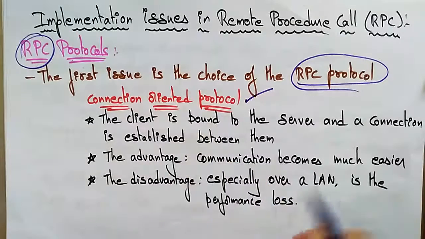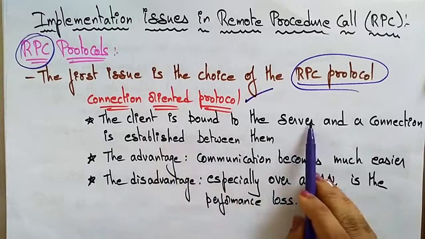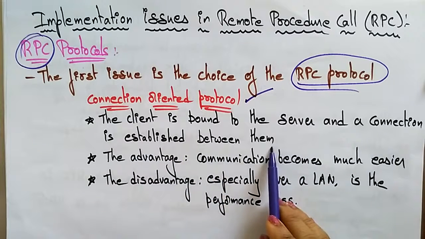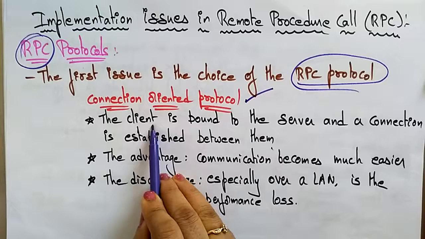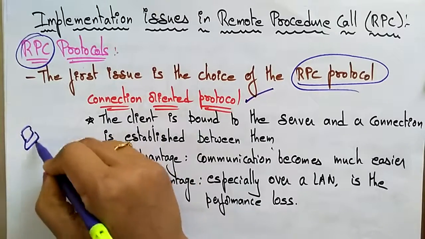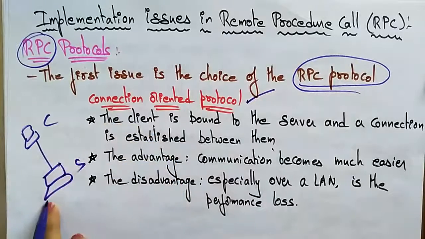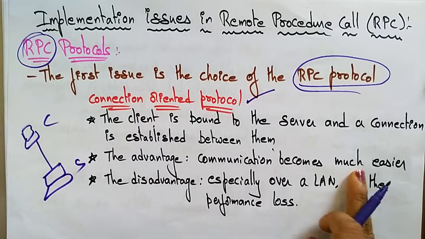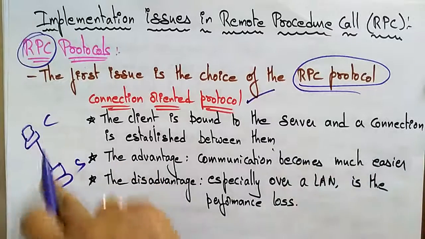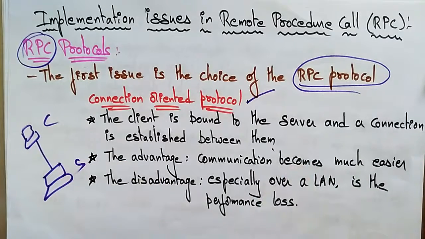Connection oriented protocol means the client is bound to the server and a connection is established between them. The client machine is bound to the server. Here the advantage is that communication becomes much easier. Why? Because it is connection oriented.